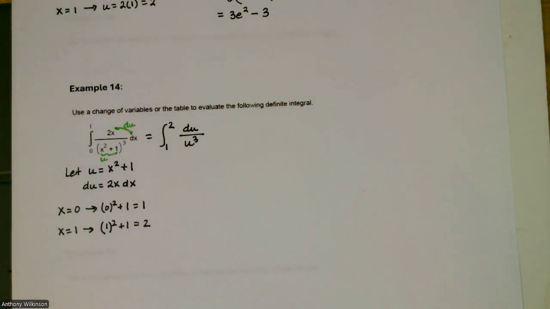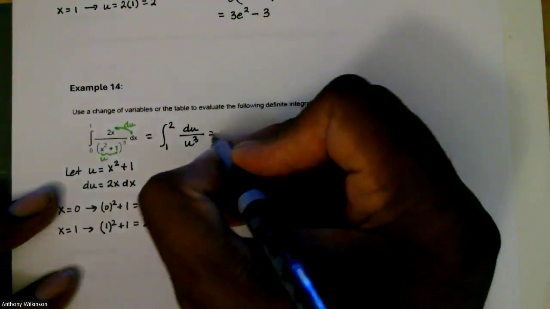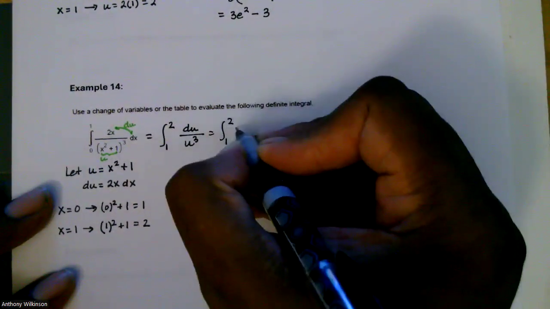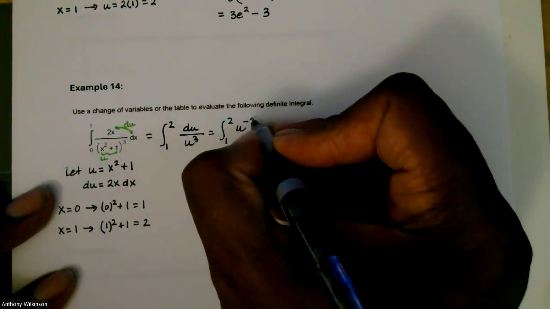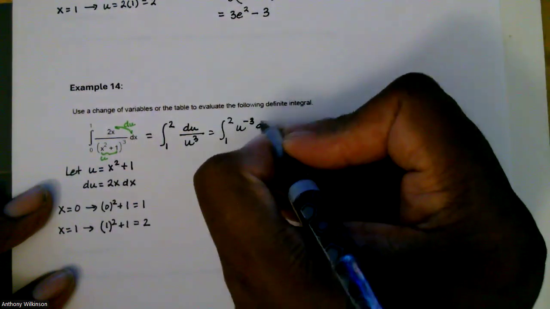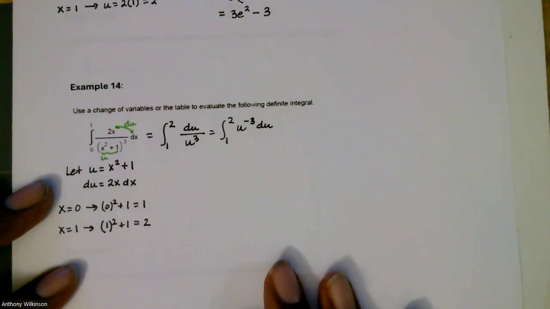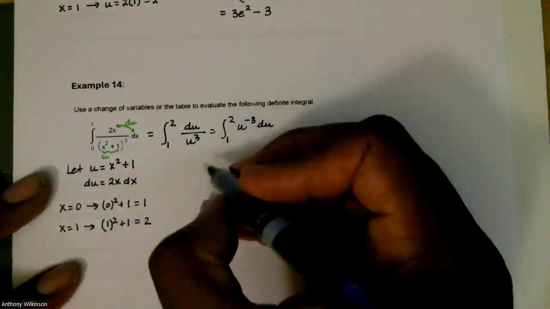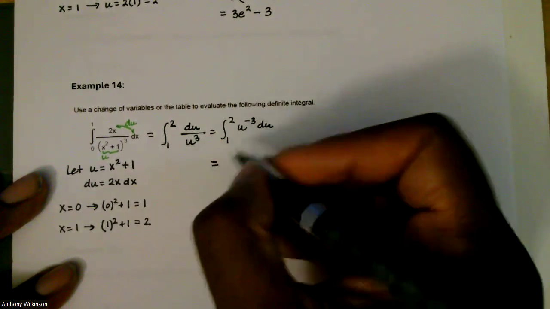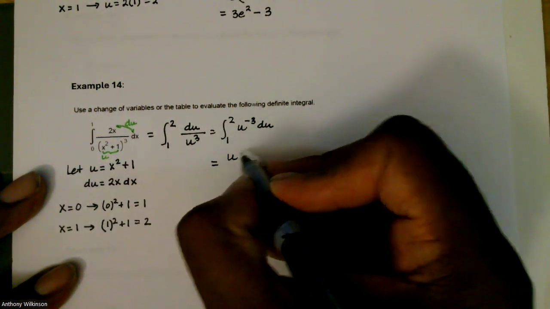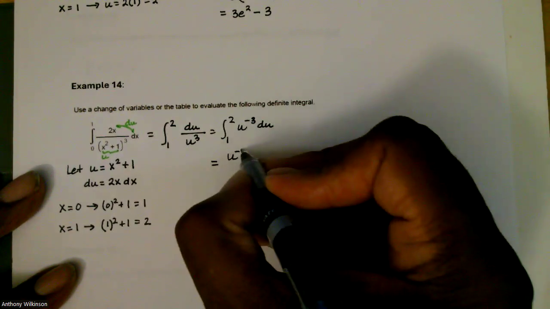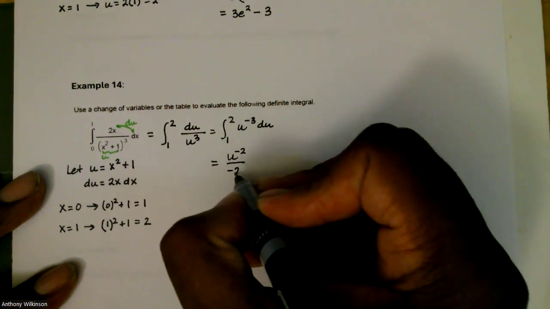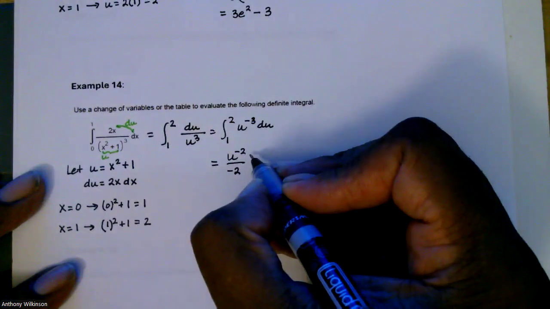And I'm going to pull that u to the third out of the denominator. So I have the integral from 1 to 2 of u to the negative 3 du. And I'll have to use the power rule to integrate this. So that means I increase the power by 1. So that'll be u to the negative 3 plus 1, that's negative 2, divided by negative 2, that's your new exponent.